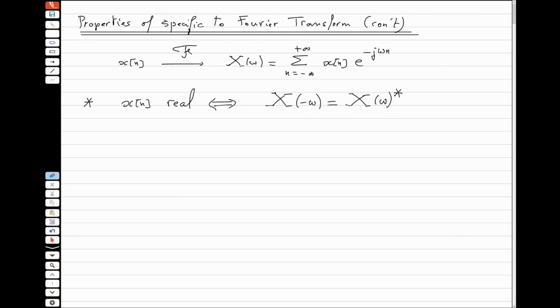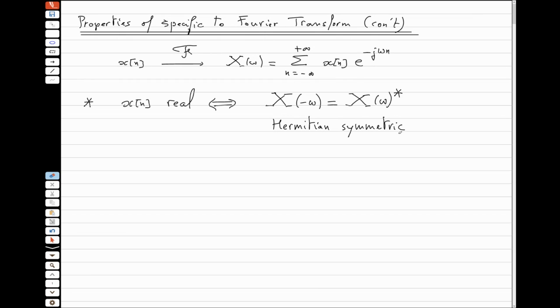Now, because of this conjugate, it's called Hermitian symmetry. So this function is called Hermitian symmetric.